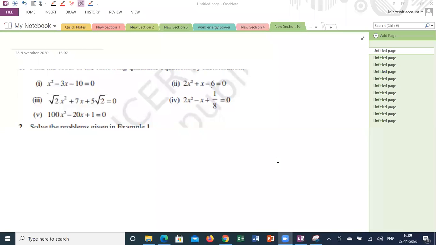Do it neatly. Whatever method you are using, post these 5 numericals on WhatsApp individually. Is it clear? I want to explain any one question. I hope you know how to split the middle term, how to use the formula, or how to use the completing the square method. The best method is splitting the middle term if there is a possibility, or using the formula. Find the roots of the quadratic equation for these 5 equations.